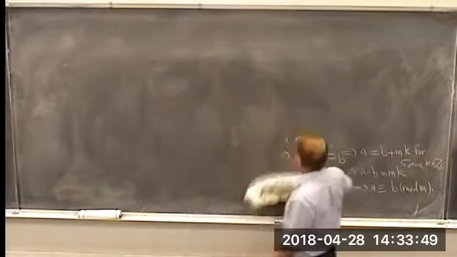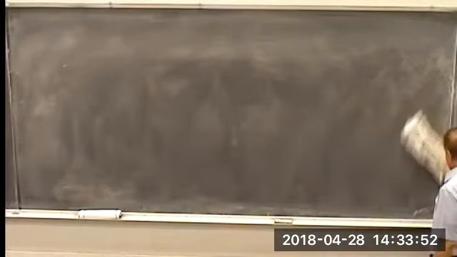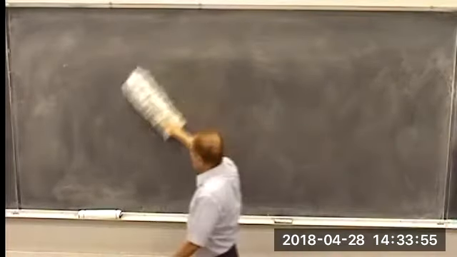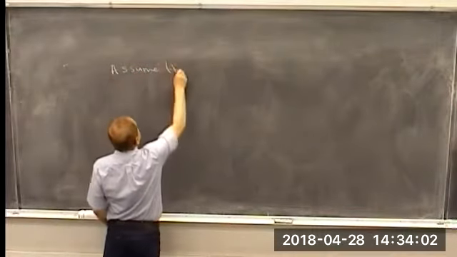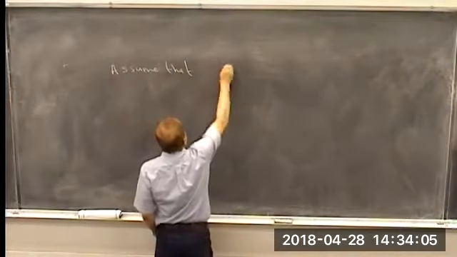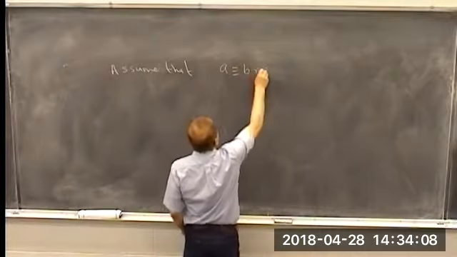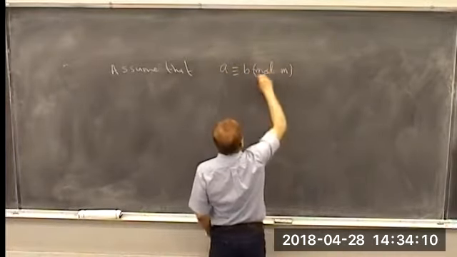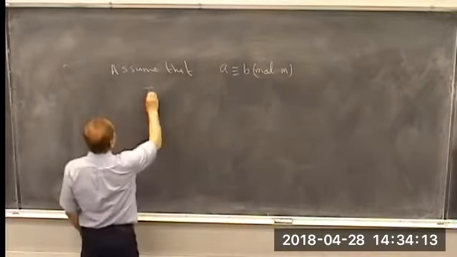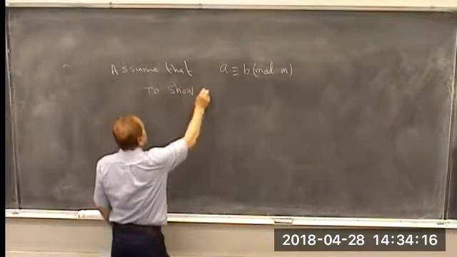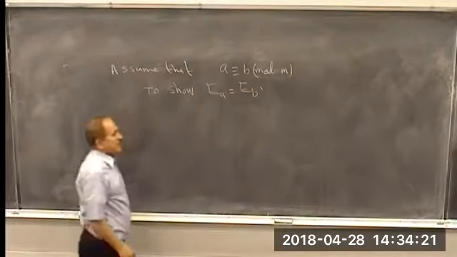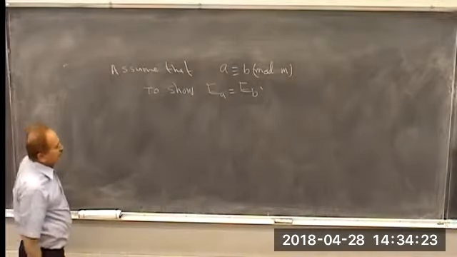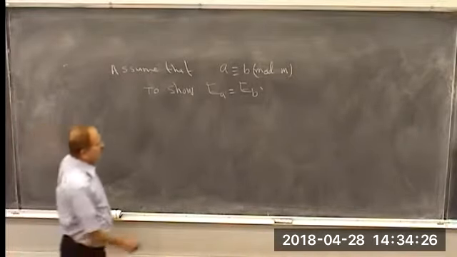So let's assume that A is congruent to B mod M. Now I want to show that E sub A is equal to E sub B. So all we have to do is show that each one of these is a subset of the other.